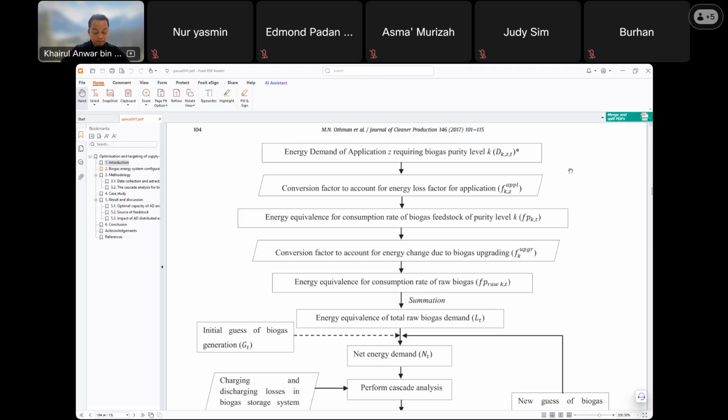The assumptions made for targeting, determining the optimal capacity of the digester and storage are as follows.